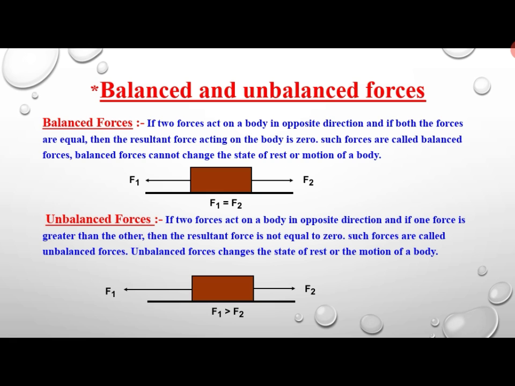This object is lying on a surface and two forces are acting on it. Now there is a force which comes into the picture, that is due to the contact between the two surfaces. That is, one is the surface of the object and another is the surface of the base over which the object is placed.